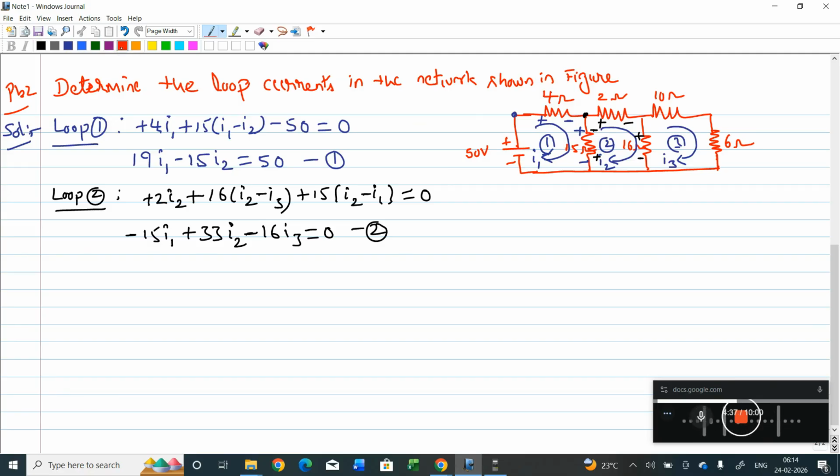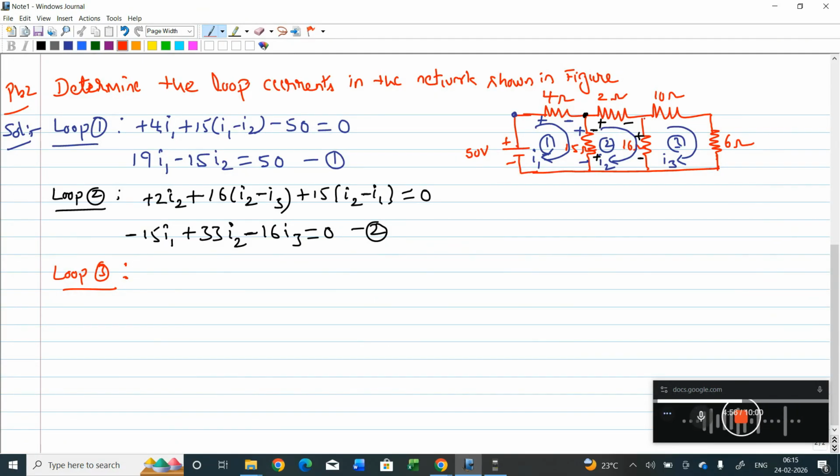Now, if you write the equations for loop 3, I3 is the current flowing in loop 3.